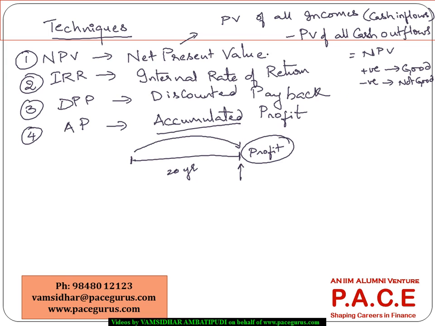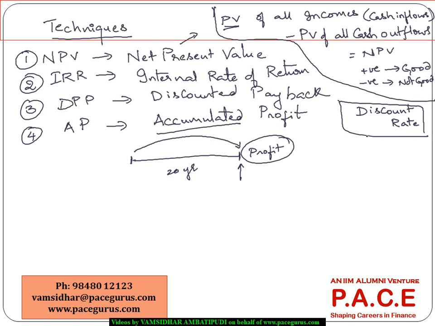When I say present value, we are discounting the cash flows of each of the different time periods at a particular rate which we call the rate of discount.